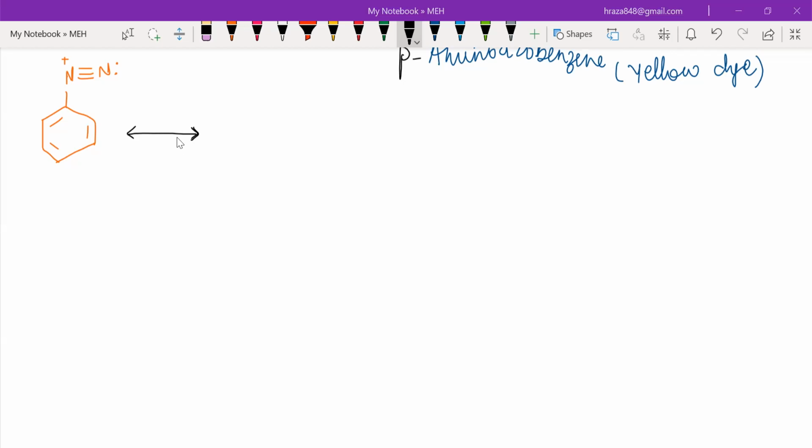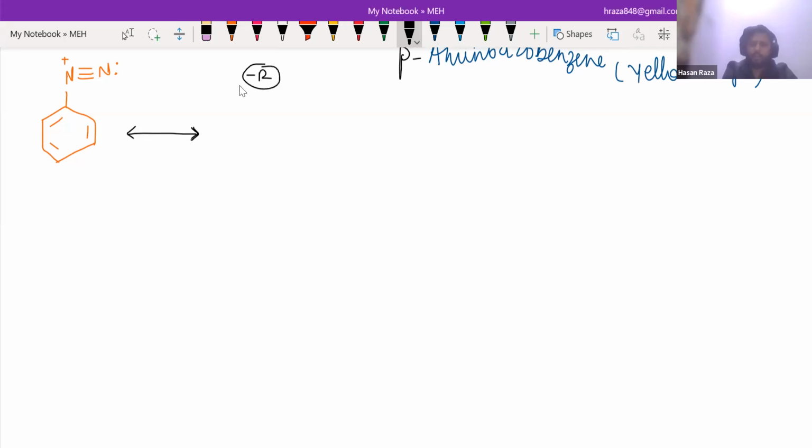So you don't know how to do it, right? Nafisa, see, this N2 plus will act as minus R, that means an electron withdrawing group. So it will take electrons like this and it will go here. Now you can see the rest of the part is as it is. There will be positive charge and the rest of the part will be as it is. Now it becomes a double bond, and then there will be a double bond and negative here and positive here.